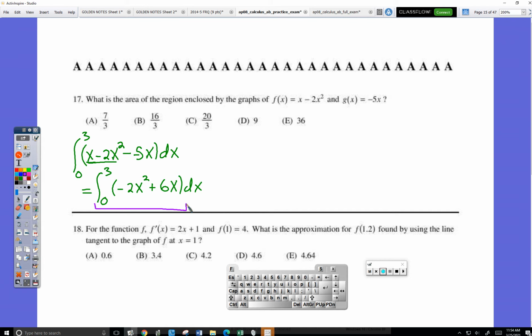That's what we learned. And the only good news is one of the limits is 0, so when the 0 is plugged in, the result will be 0.